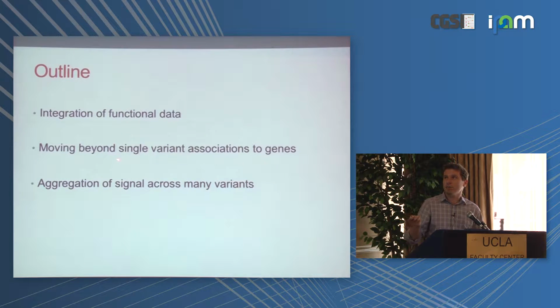And then in the second part of the talk, I'm going to talk about how we go about not just finding single nucleotide polymorphisms that are associated to disease, but actually finding the susceptibility or the target genes as a follow-up in post-GWAS studies. And finally, I'm going to talk a little bit about new methodologies that we're very excited about that try to look at how we can put together signal across many variants, and try to understand what's so special about those.